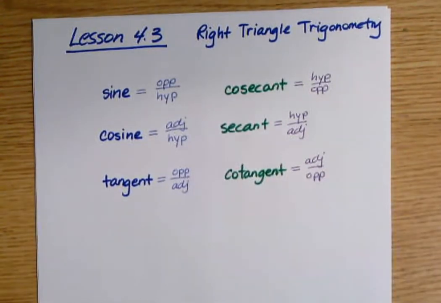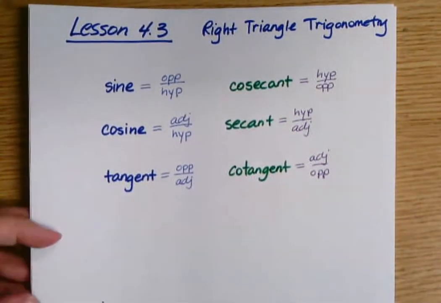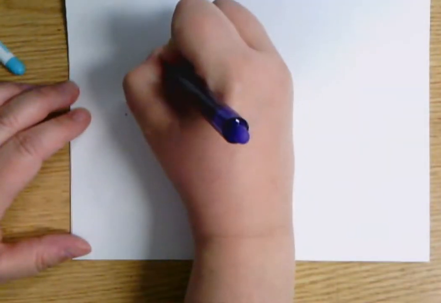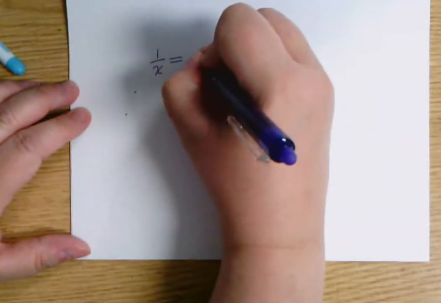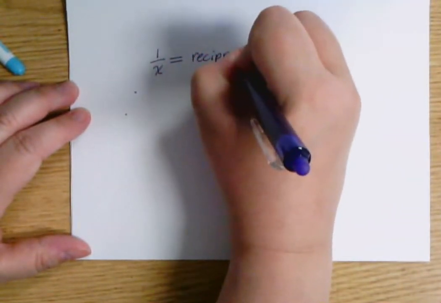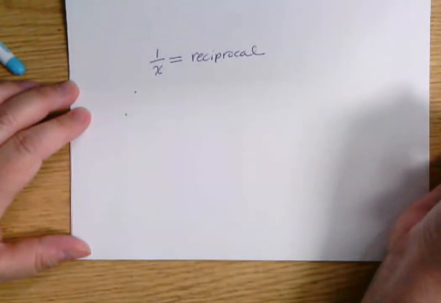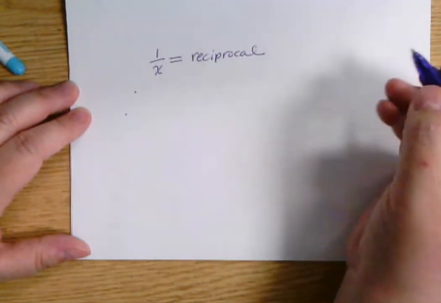Now, there's another way sometimes we write this. But first, before I get into that, I just want to point out a very basic math fact that sometimes people have trouble getting. This means reciprocal. If I take something and I put it under a 1, that's basically going to flip it over. Let me give you an example.